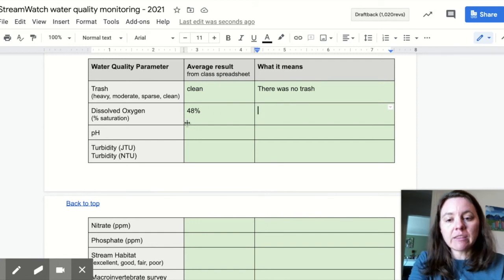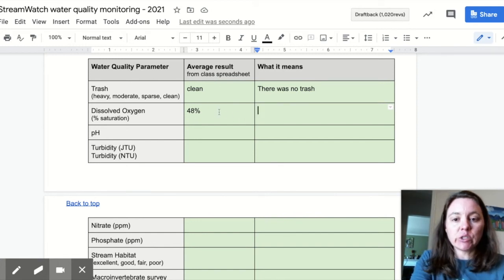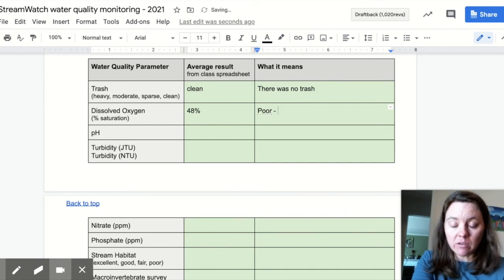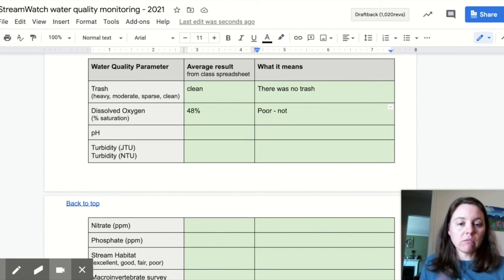But you're taking the average result from the class spreadsheet, so you're going to interpret that. This means that maybe there's not a lot of oxygen available in the water for organisms to use. And in a slow moving stream like that with lots of algal growth, that's kind of what I would expect there.